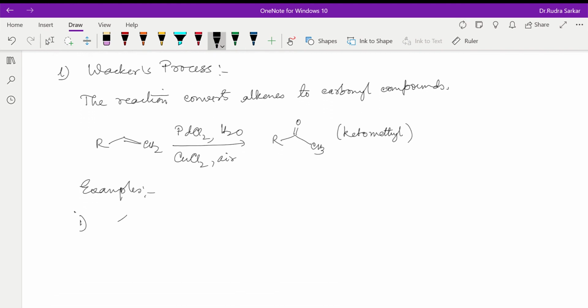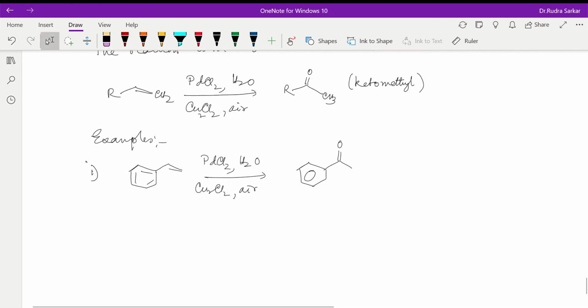So let's do some examples over here. Again, the R or alkyl doesn't change, so one has to keep that intact. Okay, and obviously this is giving you acetophenone from styrene.